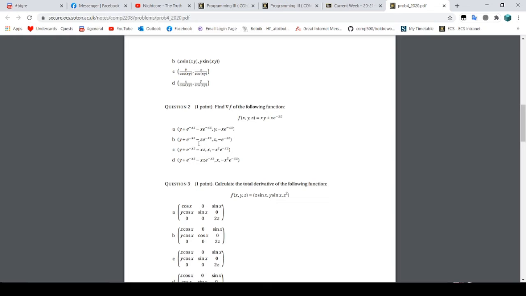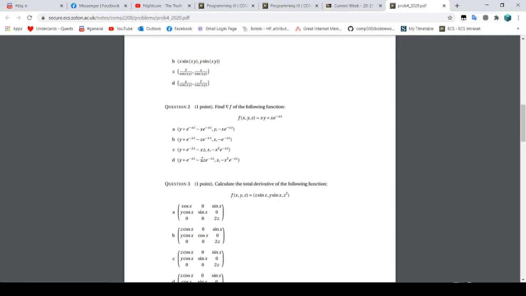Oh wait, no, there's more here. Oh, well, I didn't see where the comma was. I thought the comma was here. So yeah, there's that. But wait, this is the only one with minus zx in it at all. This one doesn't have an e. This one doesn't have an x, and this one doesn't have a z. So it's got to be this one. I think it's got to be.